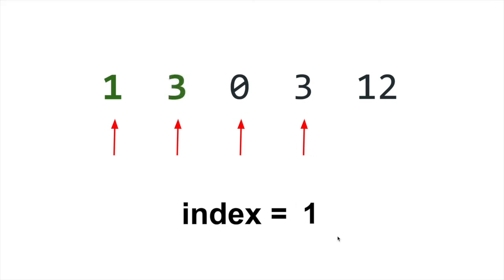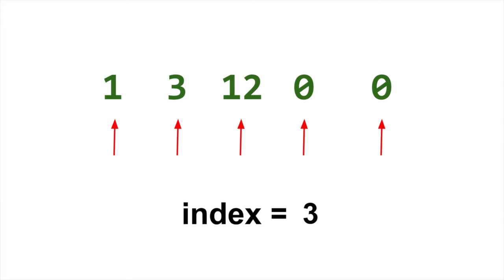Then we would increase index by 1, so now it is 2. Finally, we would look at our last element, which is also a non-zero value, 12, and we would put it at index 2, and we would increase this index variable by 1. From here, we can use the index variable once again, because we know that the remaining elements from index 3 to the end of the array must all be zeros.